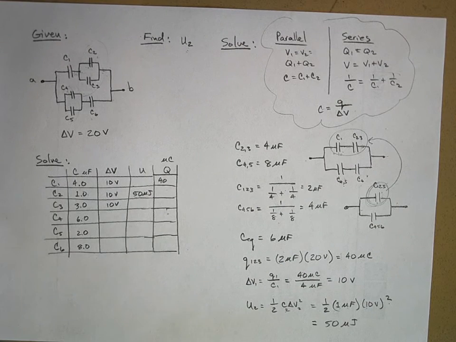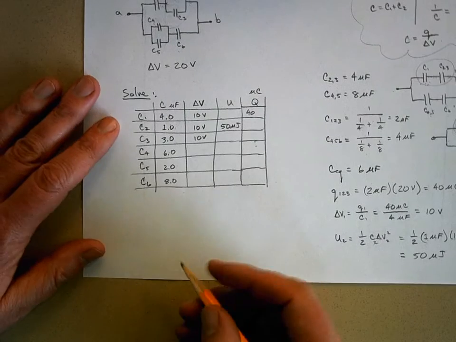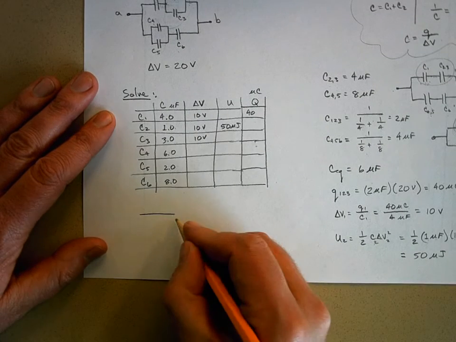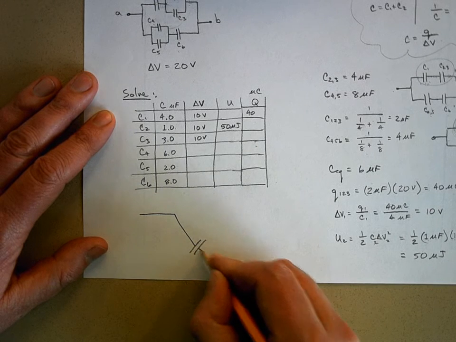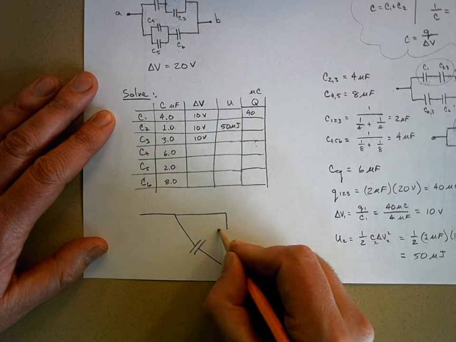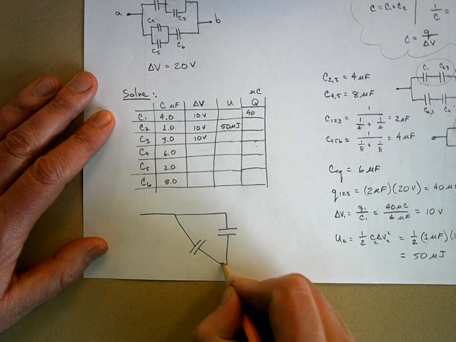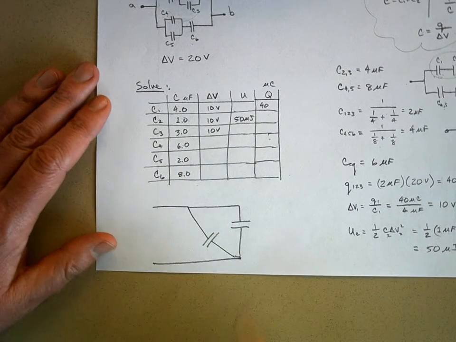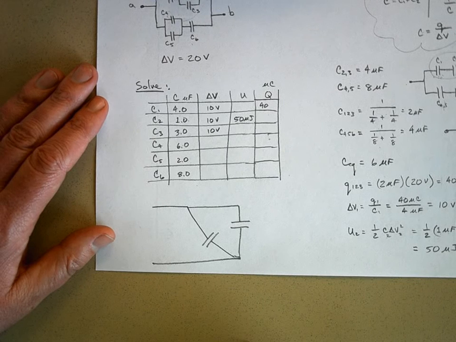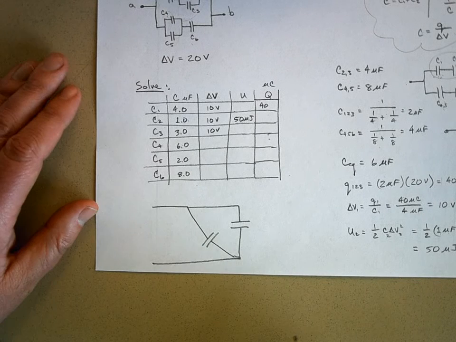One other thing, sometimes you'll see some weird stuff drawn like this, you know, with a diagonal in it. Something like that. Well, guess what these capacitors are? Are they in series or parallel?